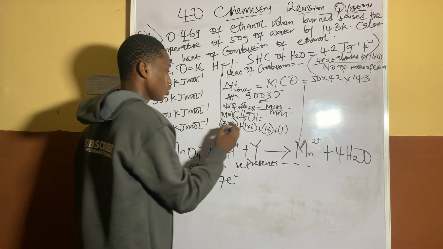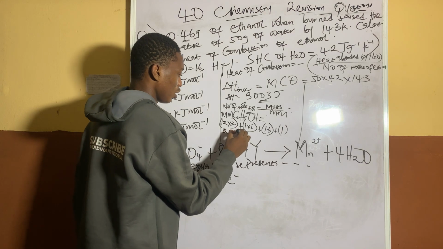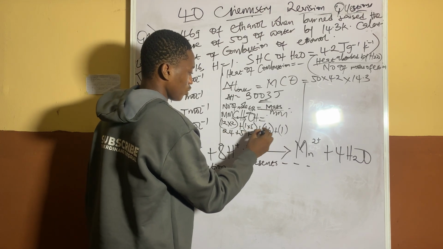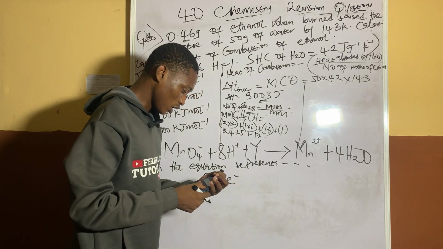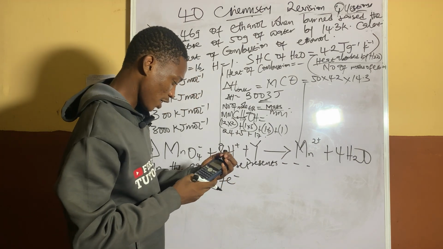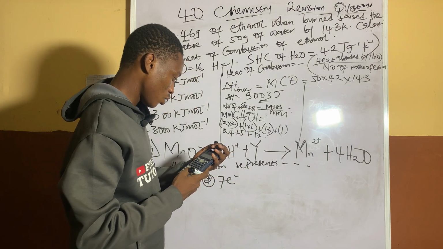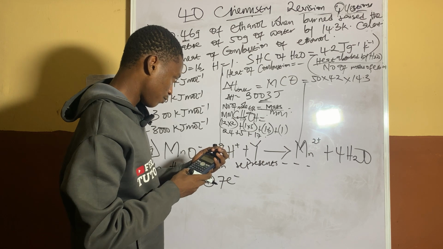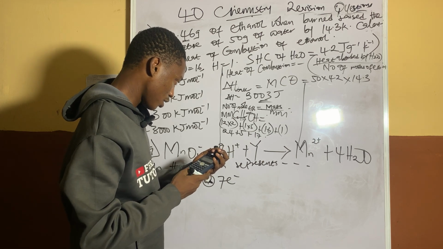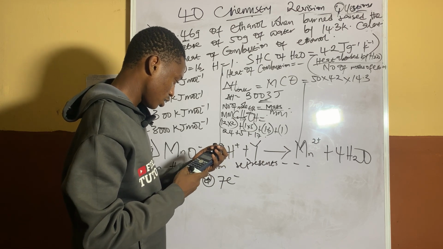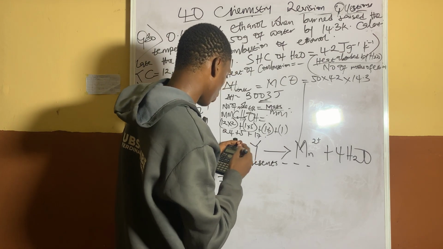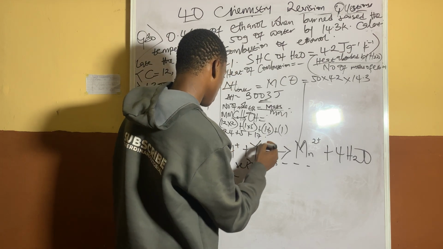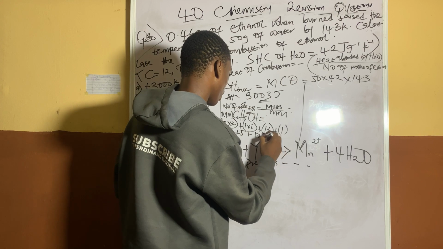So we say 12 times 2, we have 24, plus 5, plus 16 plus 1, which is 17. So we have 24 plus 5 plus 17, which is 46. Am I right? So we have 46 grams per mole.